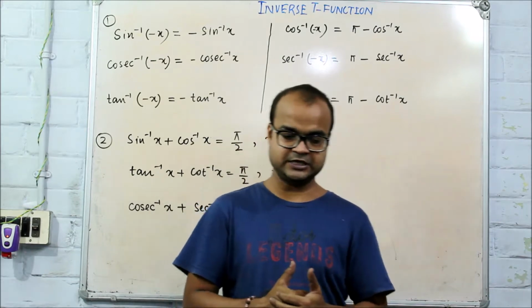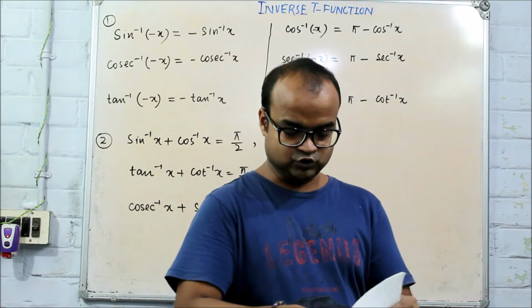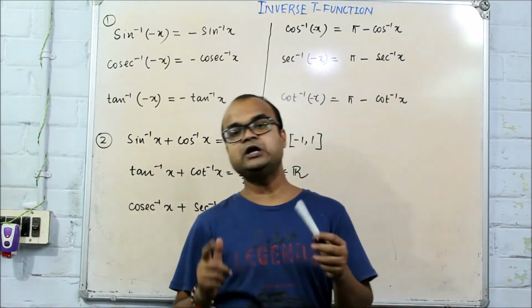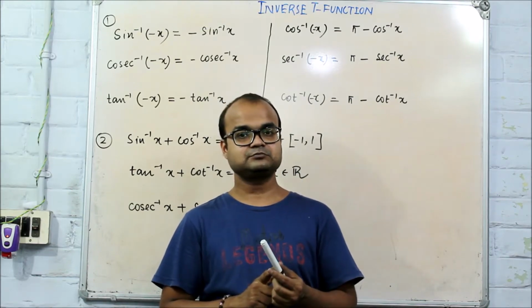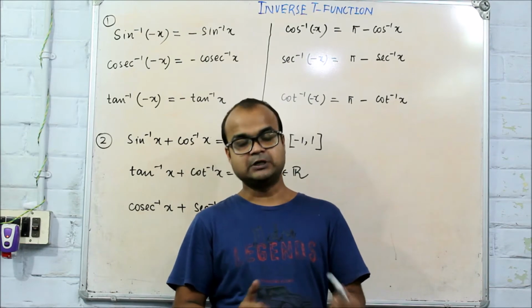That link is given in the i button, so you can click and check those two parts. Today in this part we are going to discuss the formulas and solve some problems.